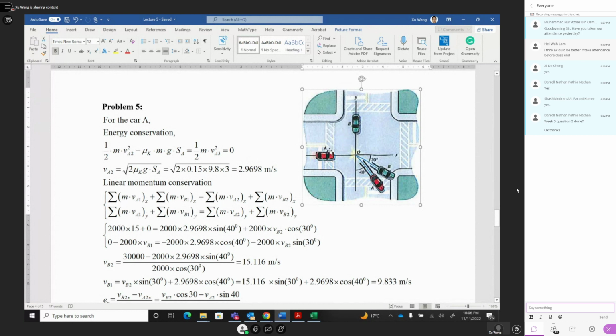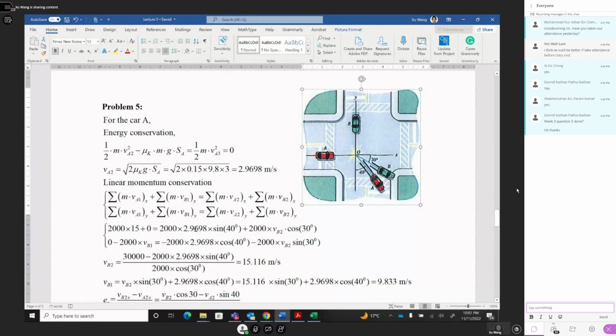The car B is driving in the vertical direction, so its x component equals 0 straight away. This is before impact. After impact, car A has a speed of 2.96, at 40 degrees in this direction. So after impact, start with A first.